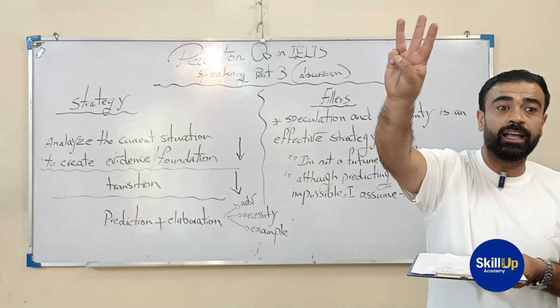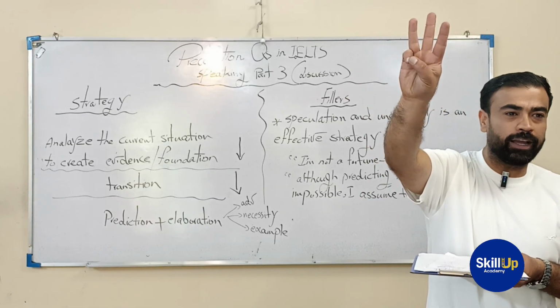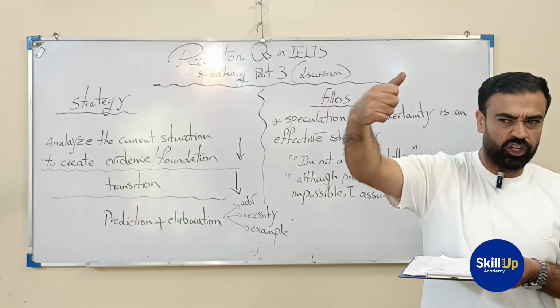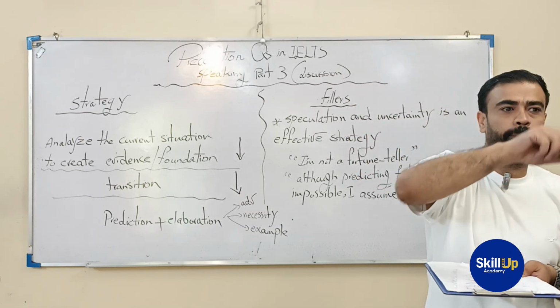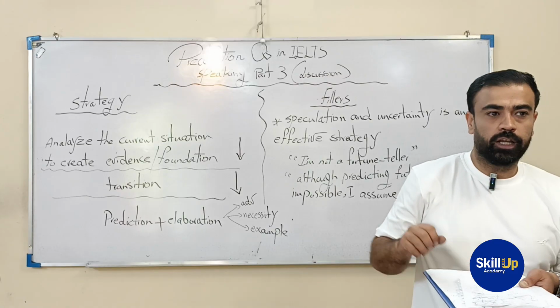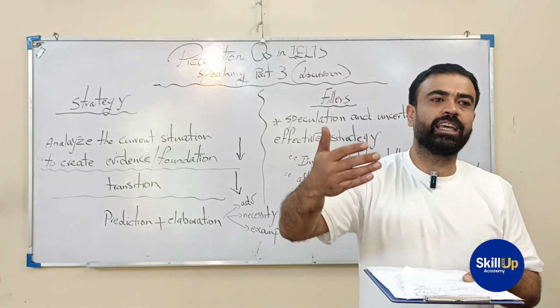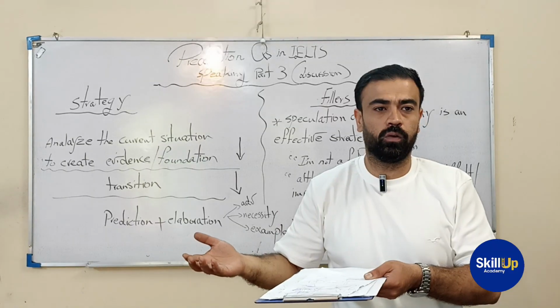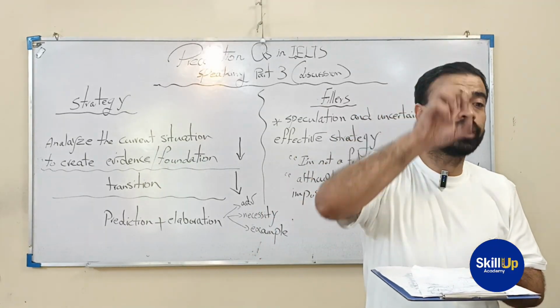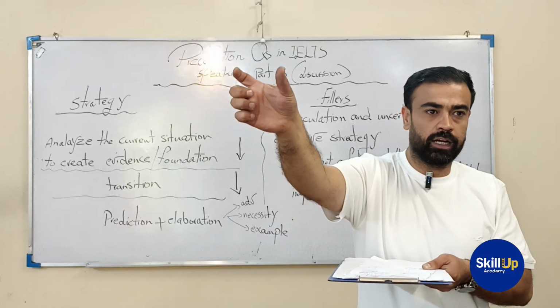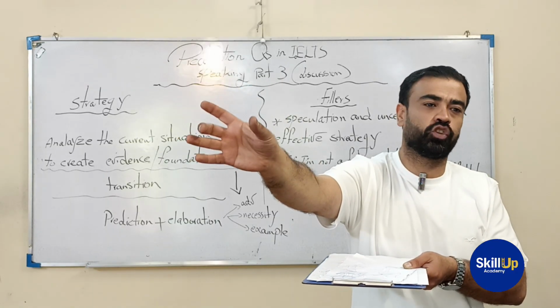There was another way which was interesting. As you remember, in this strategy, first we talked about public opinion. In the beginning we say, okay, generally speaking, it is commonly believed that, or you can start like this: although most people believe that, then you express the public opinion, the mainstream idea.